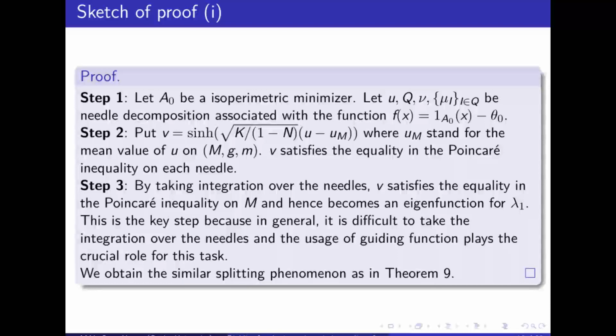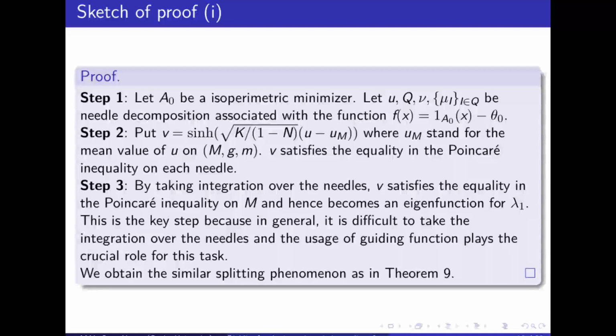First, we take the needle decomposition associated with an isoperimetric minimizer, and we take the function f to be the difference of the indicator function and the volume. And in step 2, we take v as the hyperbolic sine of the guiding function with respect to the needle decomposition in step 1.